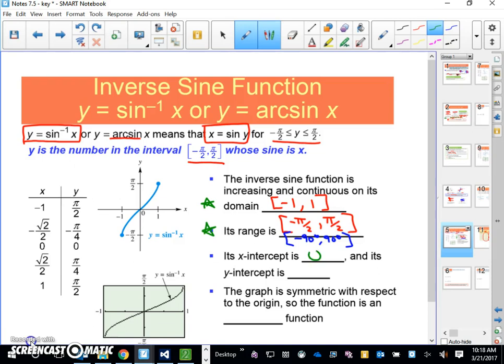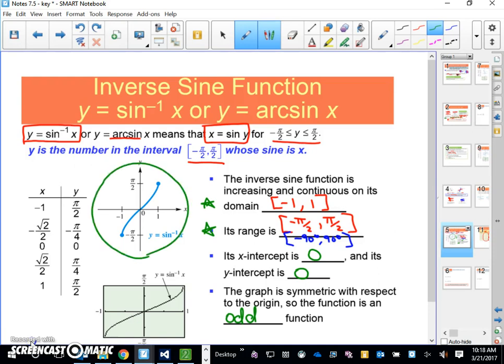X-intercept of the graph is at 0, y-intercept of the graph is at 0. And then this graph is symmetric at the origin, which makes it an odd function. We've talked about odd functions and even functions in the past, but we're talking about inverse sine. This is the graph of inverse sine.